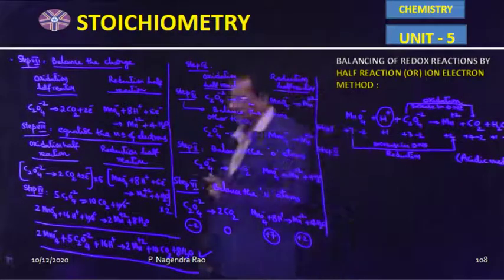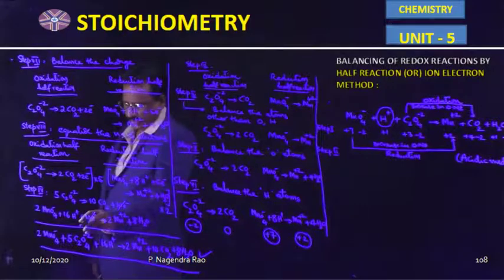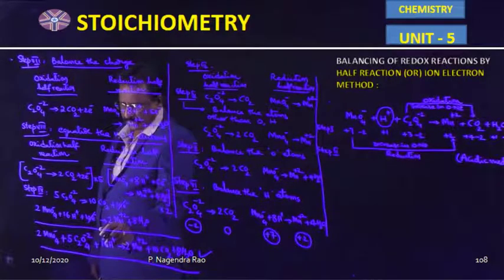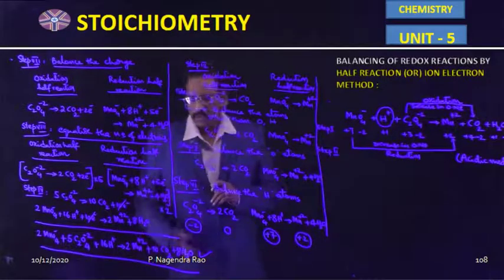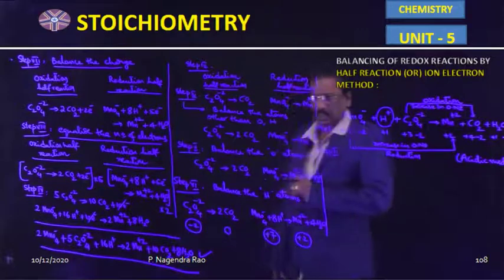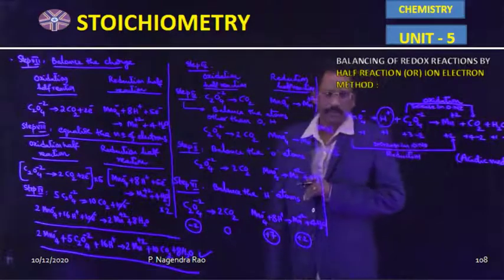In the reactant side, charge is minus 12 plus 16, that is equal to plus 4. In the product side also, charge is plus 4.